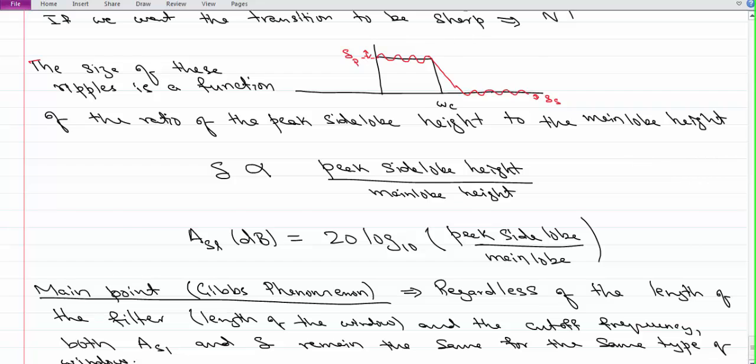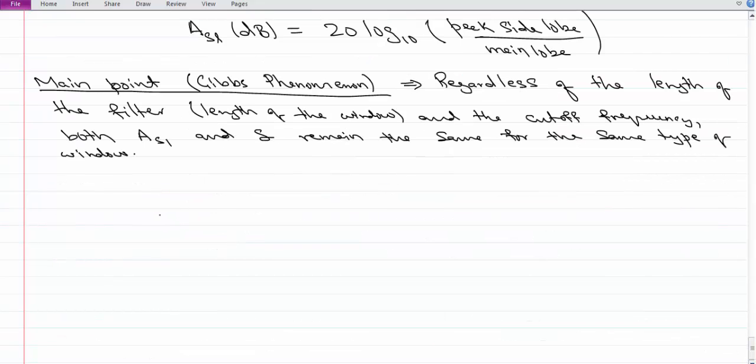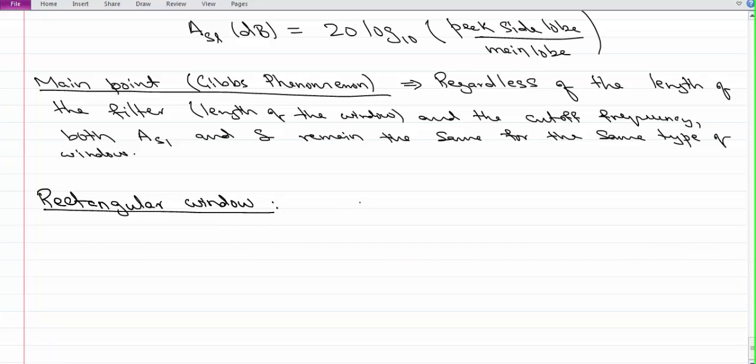And in the case of the rectangular window, which is the only window that we are talking about so far, the side lobe height is always 13.3 dBs below the main lobe. Okay. So it's a ratio, it is not a function of n.